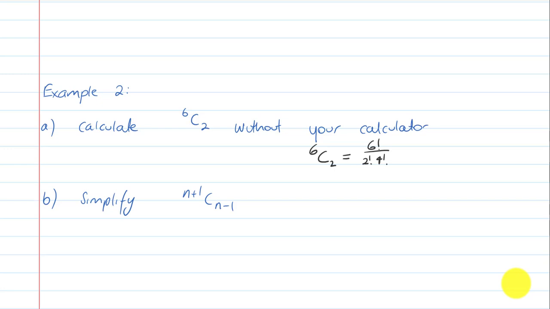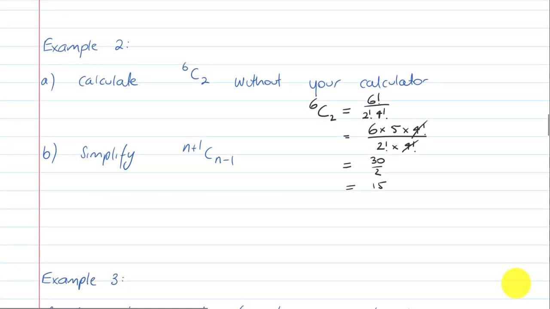So the 2 plus 4 makes 6. And I'm going to work with that tail now on my non-calculator question. 6 times 5 all the way down to the biggest factorial on the bottom, and then 2 factorial times 4 factorial there. They cancel out. I get 30 over 2, which is equal to 15. So there's my 6C2 simplified without a calculator.